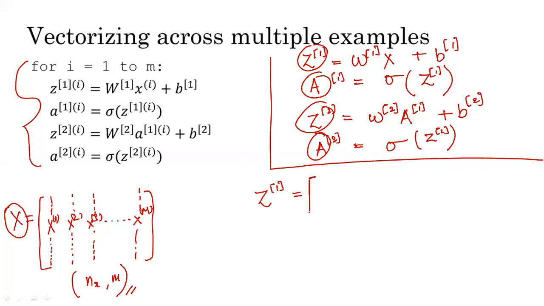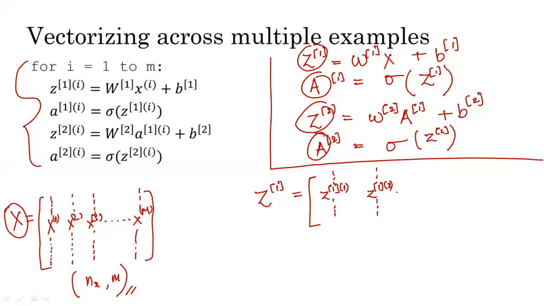Okay, so I'll represent it as z1 equal to z1 1 corresponding to the first training example, z1 2 corresponding to the second training example, and so on, stacked above and below this.